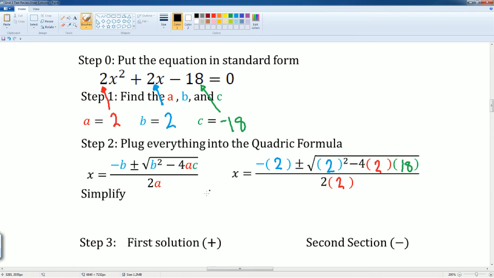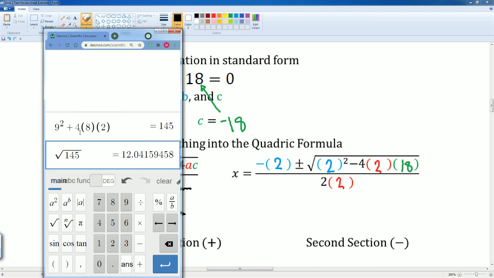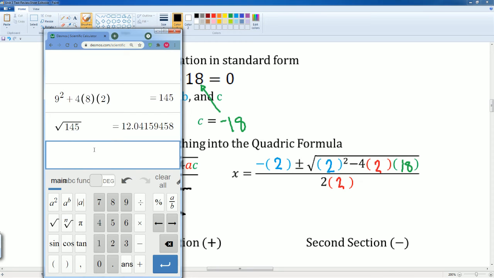Then we can now simplify. Just x is equal to negative 2 plus and minus the square root, divided by 4. 2 times 2 is 4. I don't know what's inside that radical, and I do not want to do it in my head, so I'm just going to use Desmos. This is 2 squared minus 4 times 2 times 18. Why is that a negative?